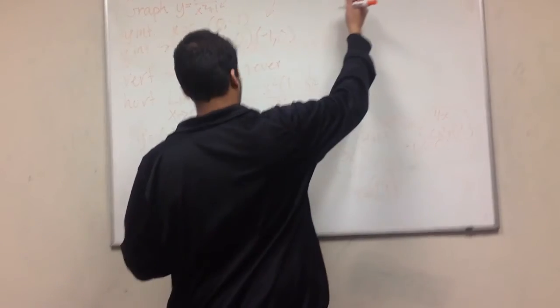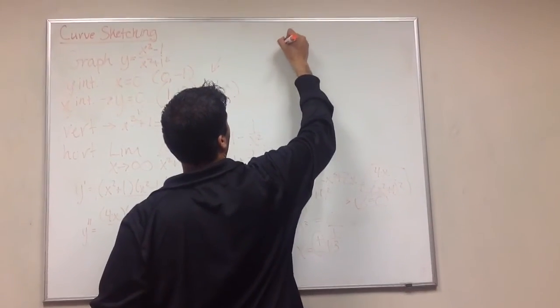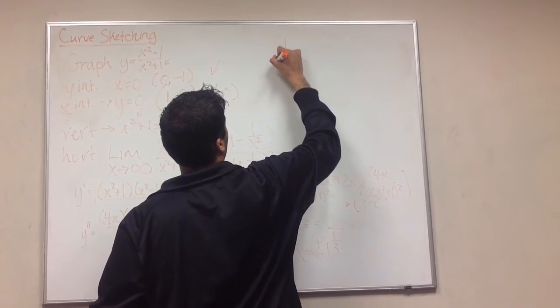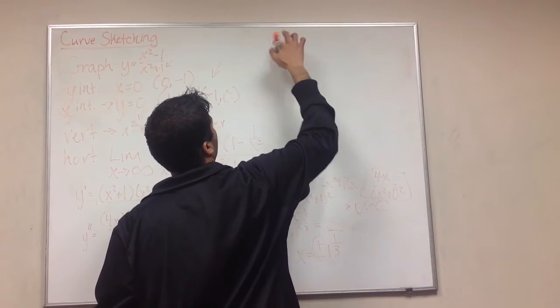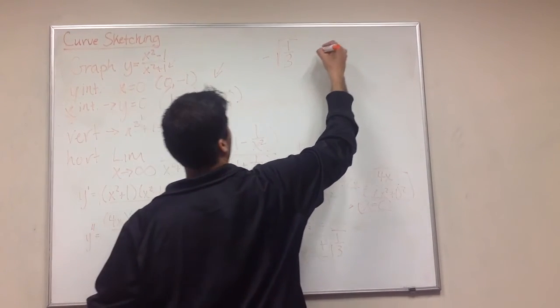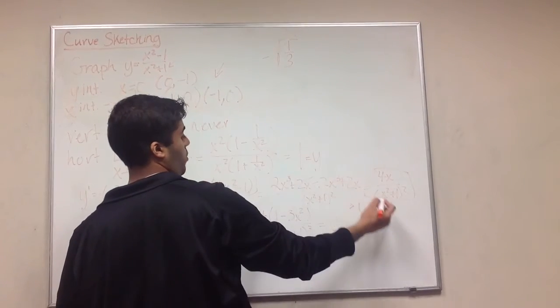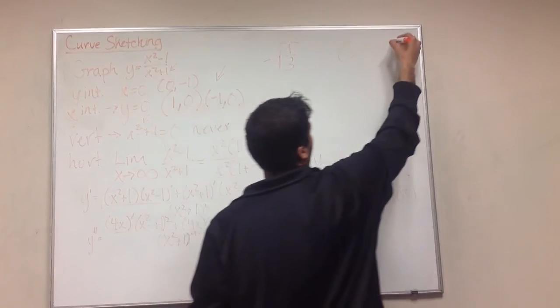So we're going to go ahead and make a table. What we have is negative square root of 1/3, sorry. We have 0 from the first derivative, and we also have positive square root of 1/3.